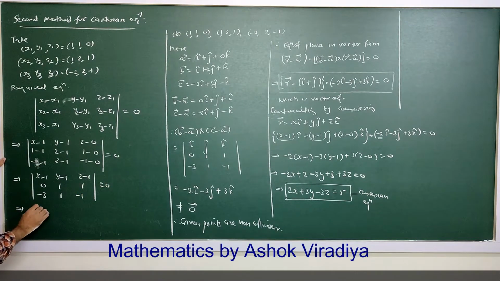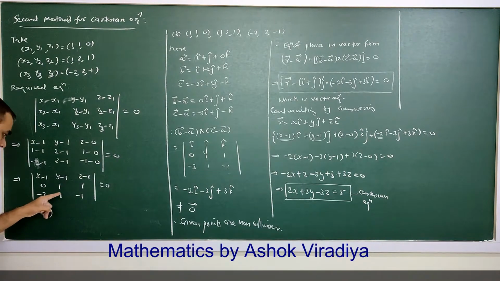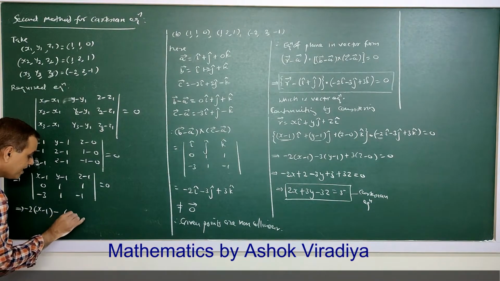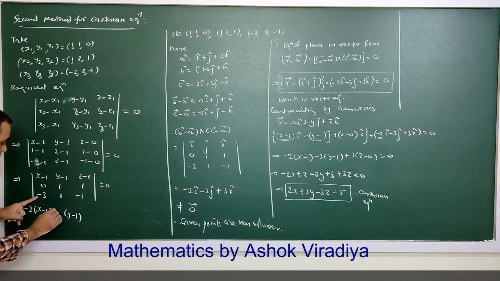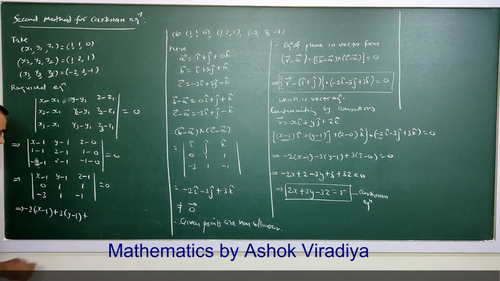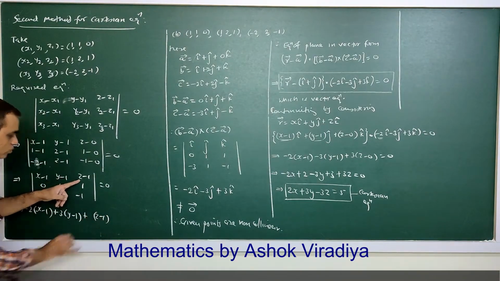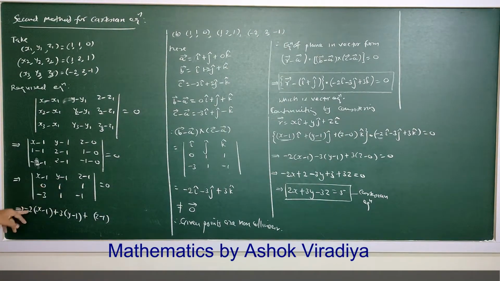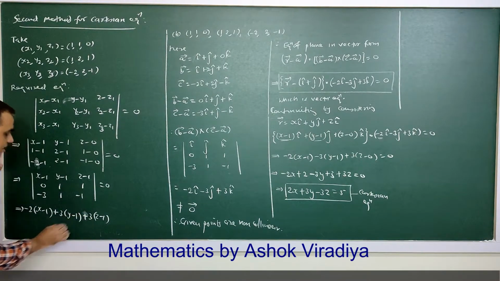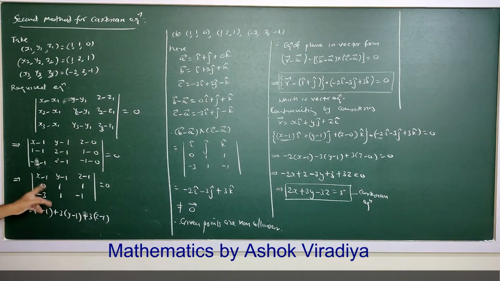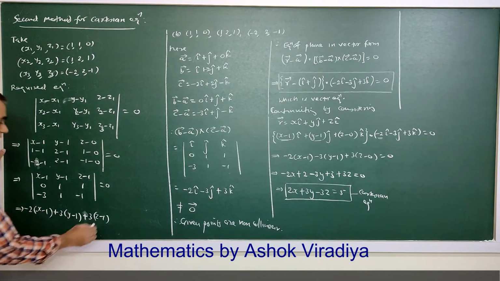Now simplifying this, x minus 1 into minus 1, minus 1, that is minus 2. So I keep here minus 2. Minus y minus 1 into 0 minus minus 3, that is plus 3, plus z into 0 minus minus 3, that is plus 3, equal to 0.